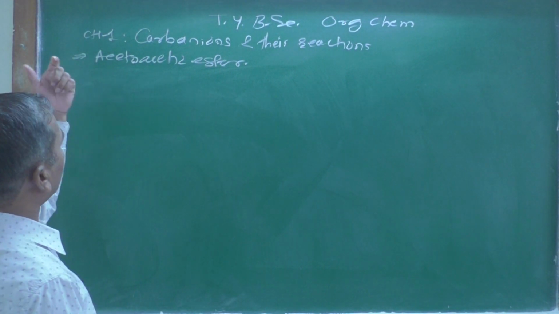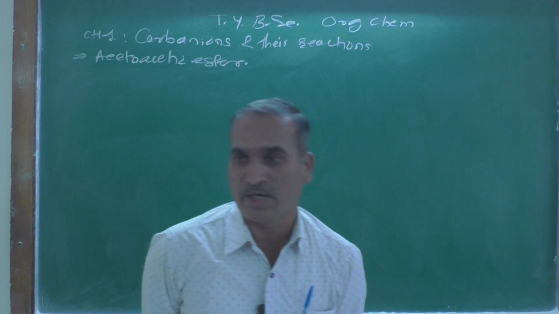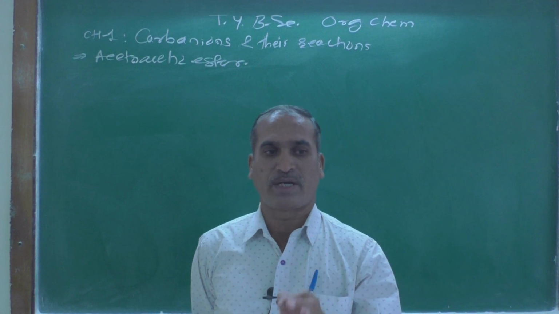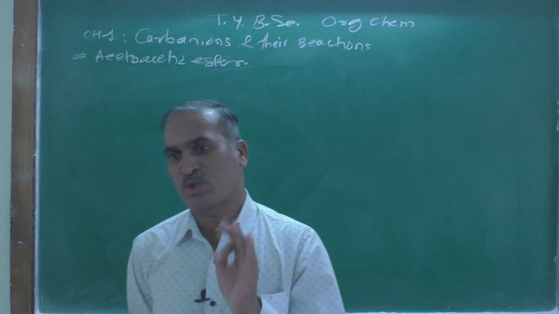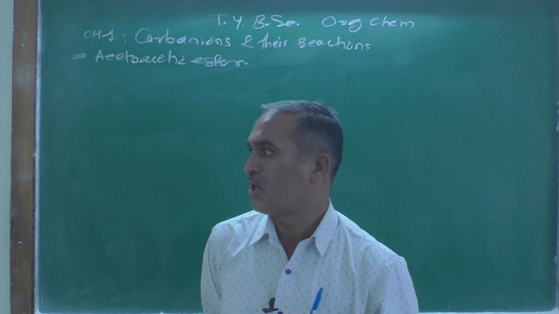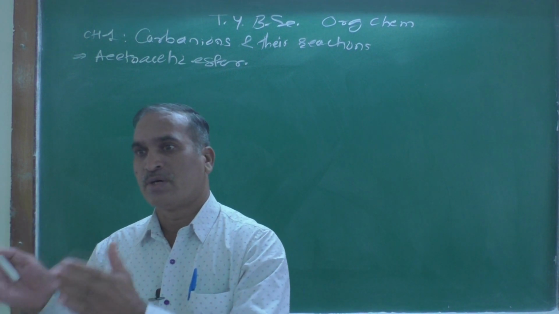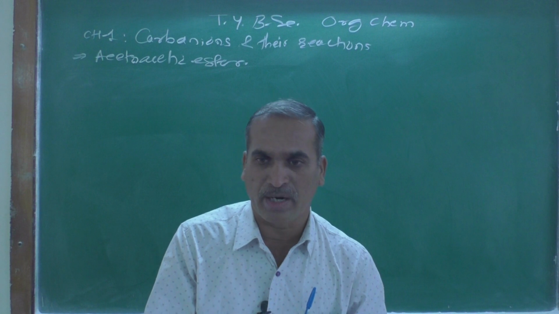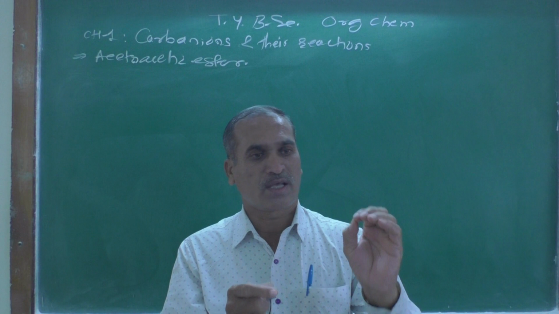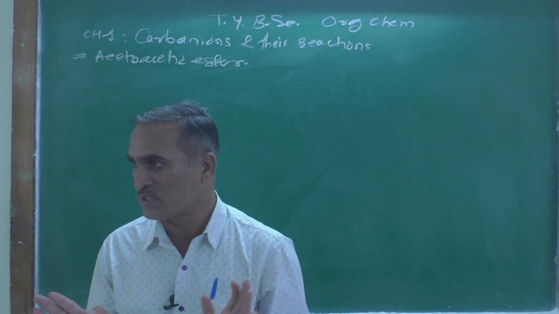The next application concerns acetoacetic ester, also known as ethyl acetoacetate or beta-diketone ester. This acetoacetic ester is a versatile synthetic reagent, prepared by a famous reaction known as the Claisen ester condensation.